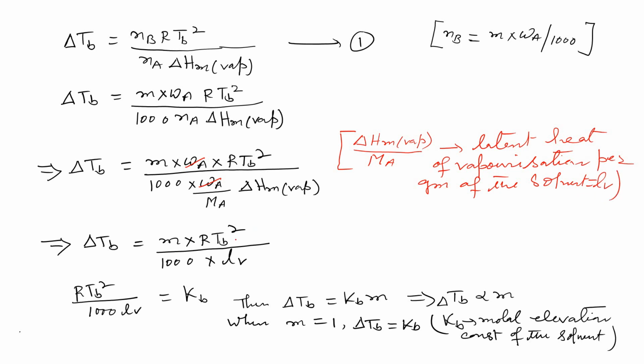So we can write m into RTb square divided by 1000 into small lv. Small lv is the latent heat of vaporization per gram of the solvent.